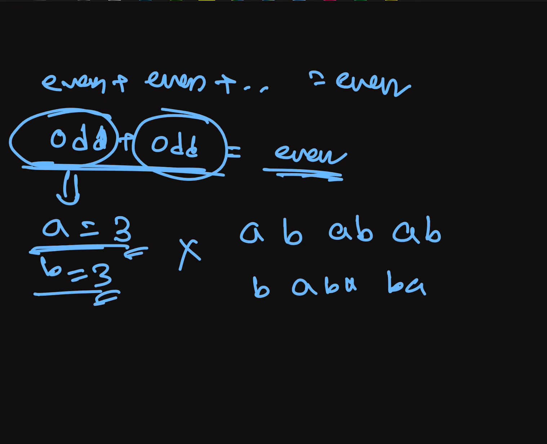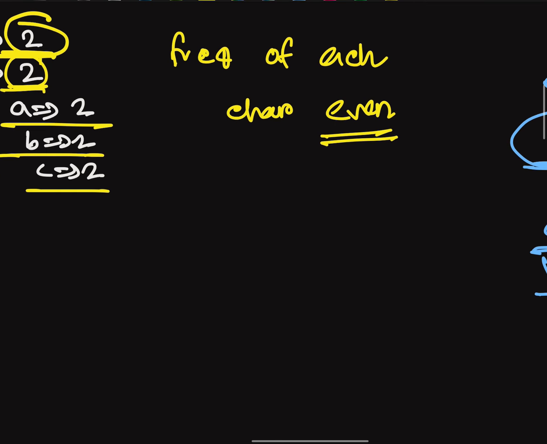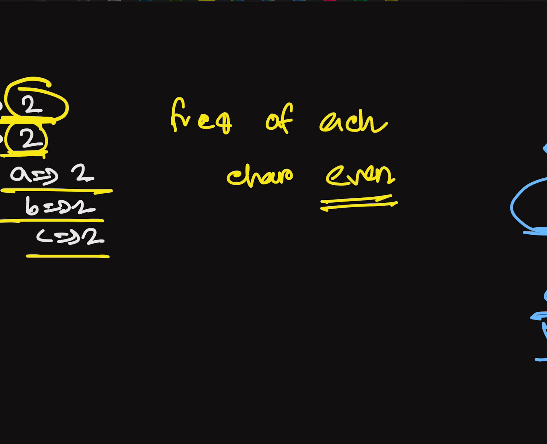If we add all of these we get an even length, but that is not a palindrome. You can take any example and validate that. So for even length, the frequency of each character must be even.